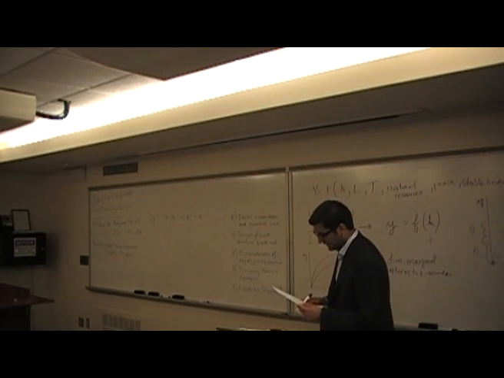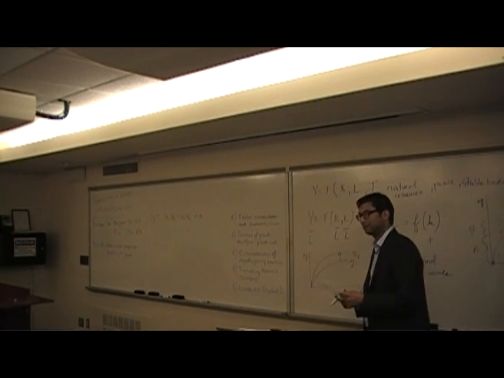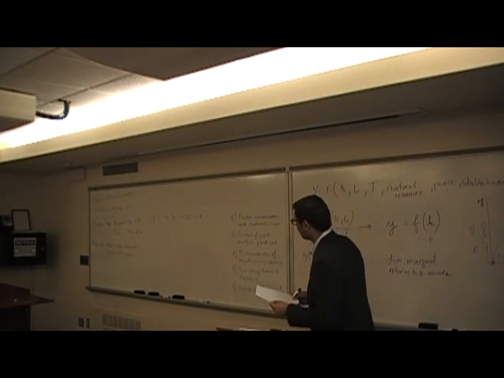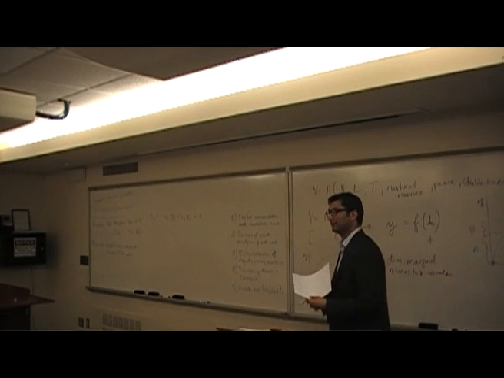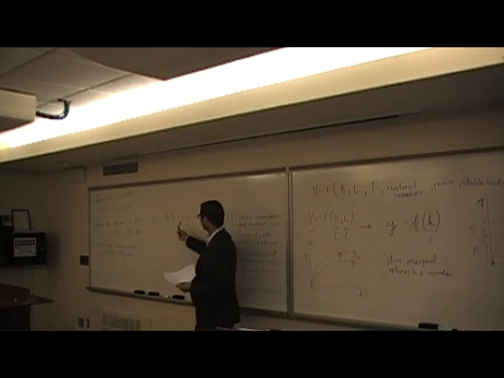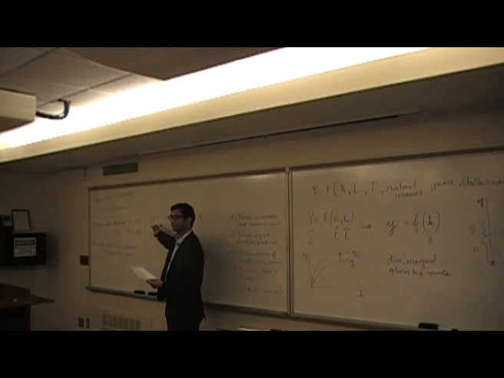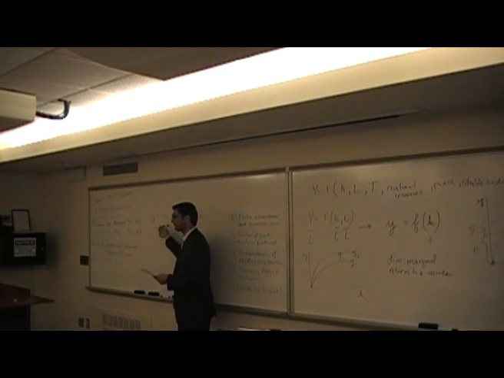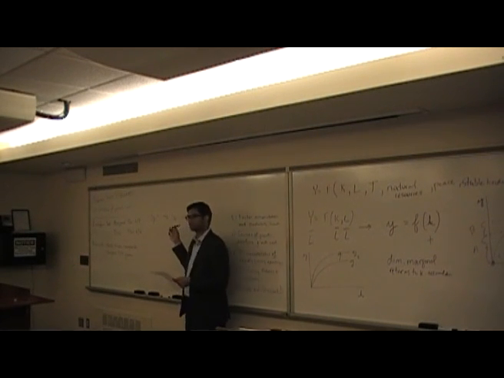G sub k is the growth rate in capital stock. W sub L is the percentage of total income paid to labor. Okay? Percentage of total income paid to labor, percentage of total income paid to capital, growth rate in the capital stock, and growth rate in the labor force. Okay? Think of this as a weighted average based on these two things.